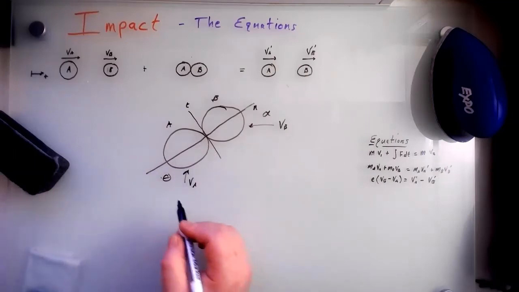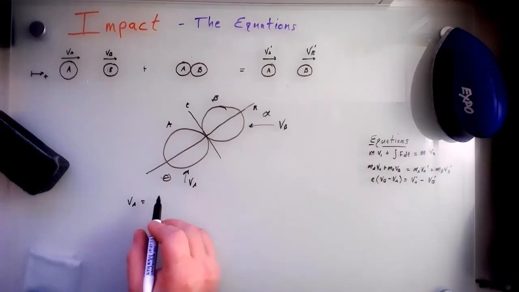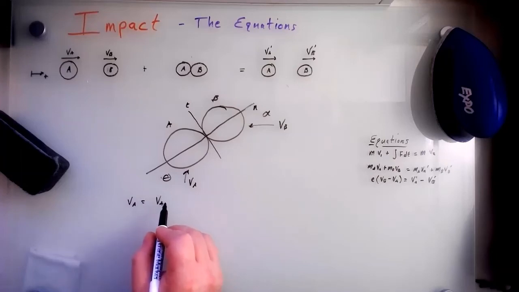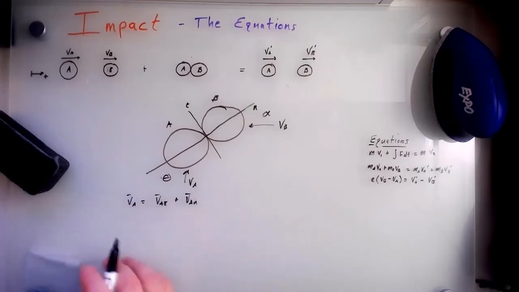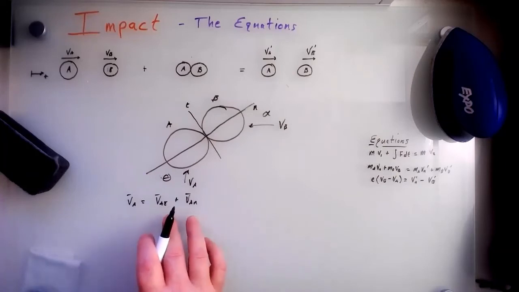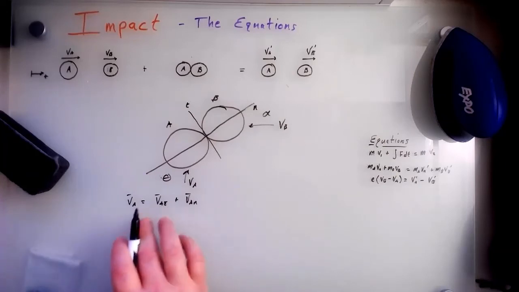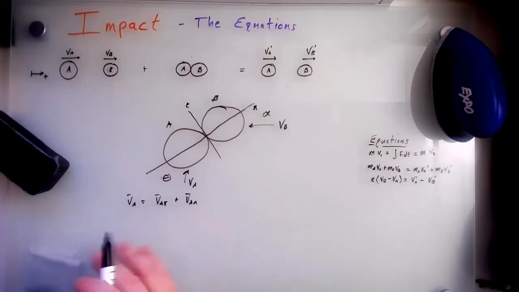So what we can say here is that VA is the sum of VAT plus VAN, right? And if these are vectors, then we can just note that they are components, or we can decompose it in the ways that we're familiar with.